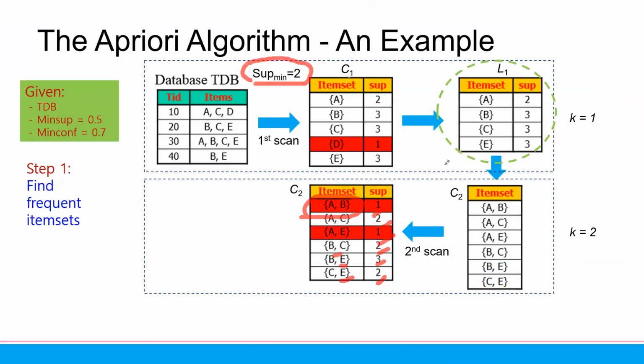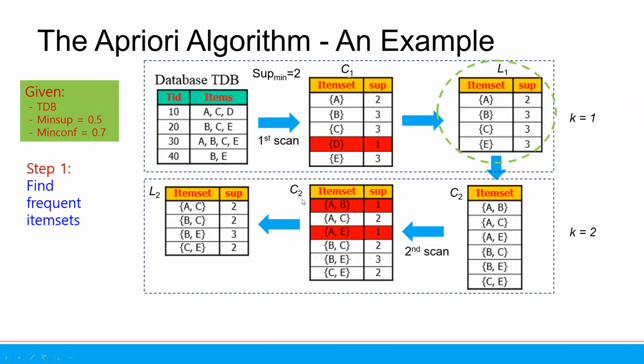Then we will remove the item sets when the support equals 1. We will delete them. Candidate 2 now becomes L2. We only select the item sets which are equal to or greater than the minimum support.